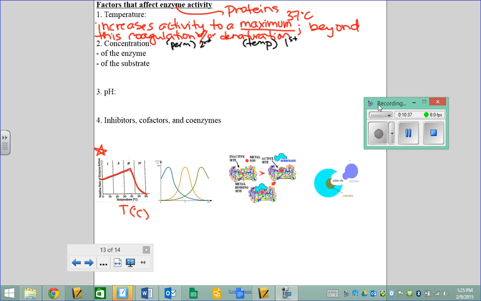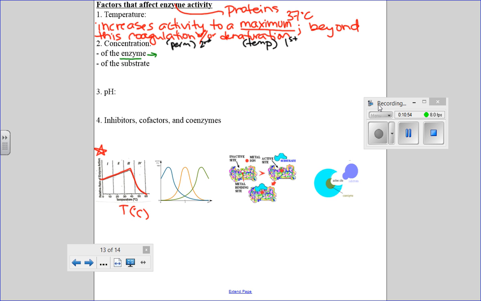So then the next thing is concentration, and I'm actually going to talk about two different things. Concentration of the enzyme and concentration of the substrate. Now when we talk about concentration of the enzyme, the point that I want you to remember is that enzymes can be reused. They don't actually participate in the chemical reaction.